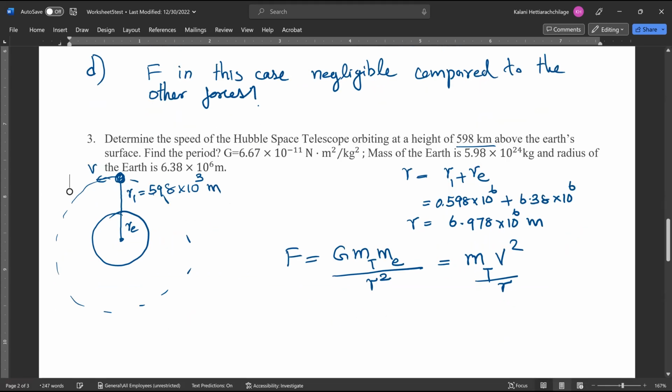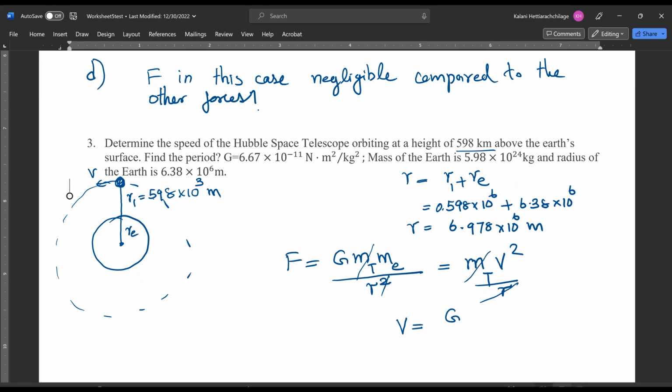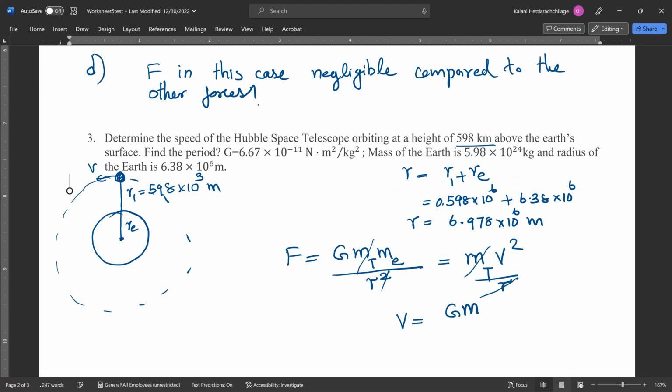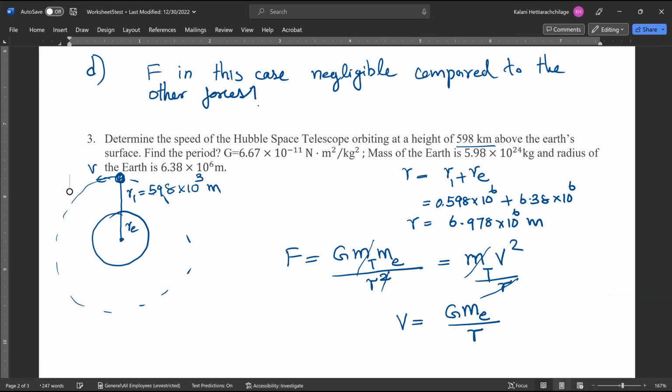The telescope mass will cancel out, and one of the r will cancel out. Then I can write the velocity as the root of G M earth divided by r.